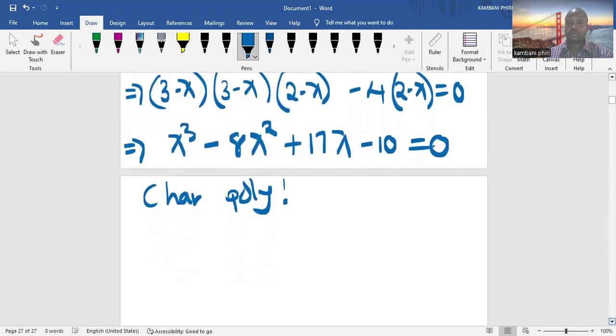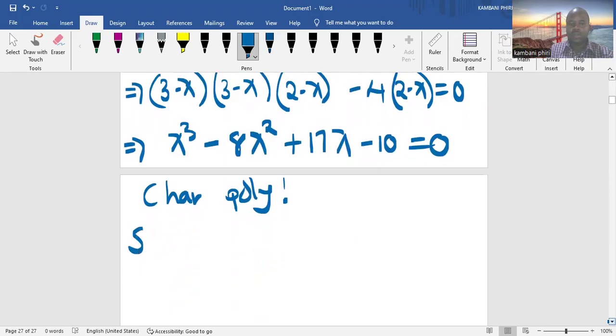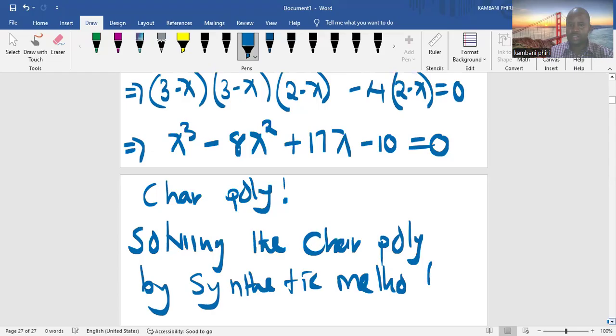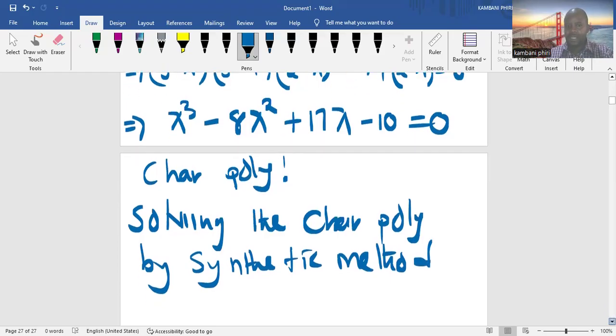Now, solving the characteristic polynomial by any method, for example the synthetic method, you can solve this.